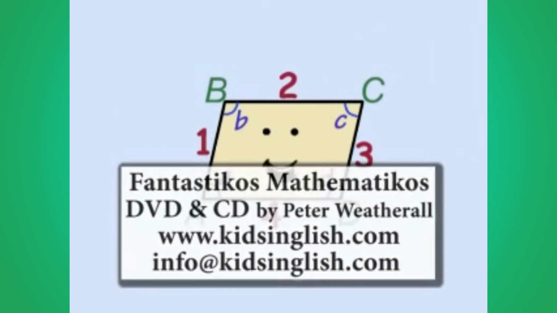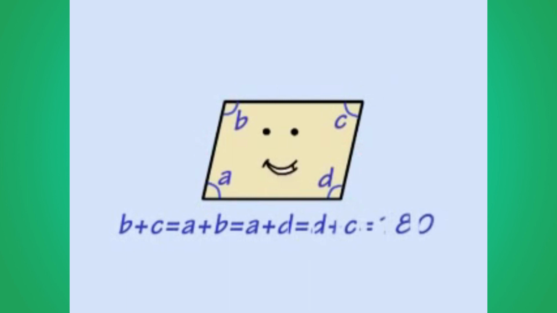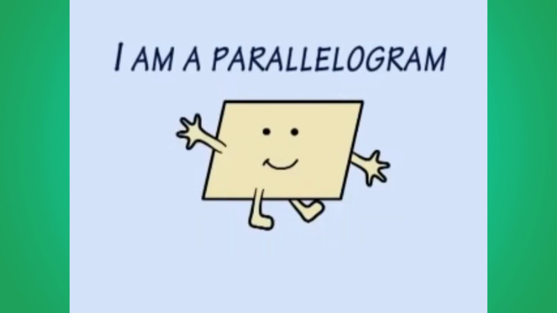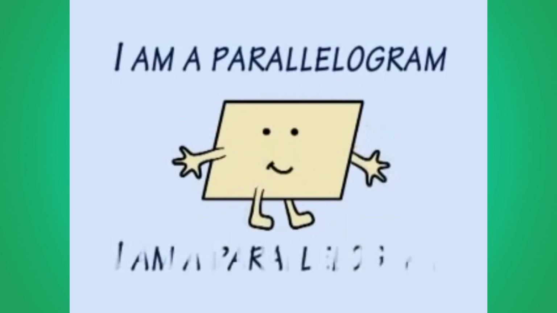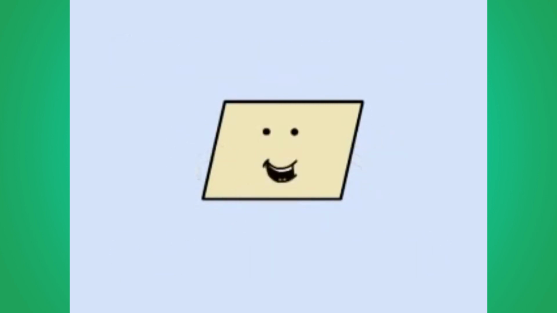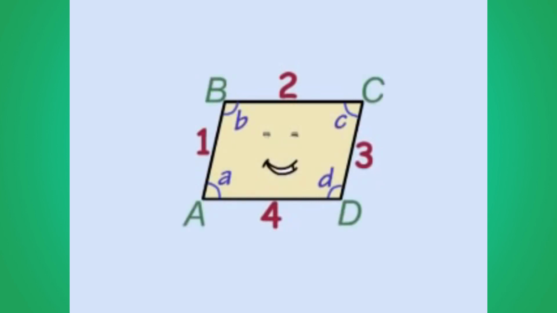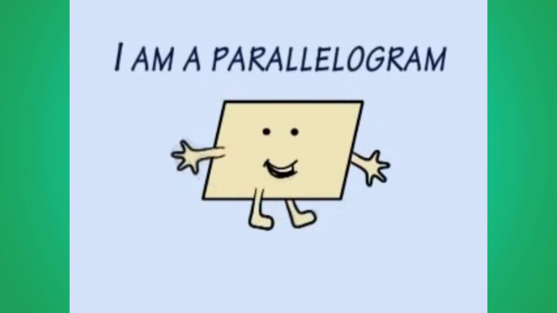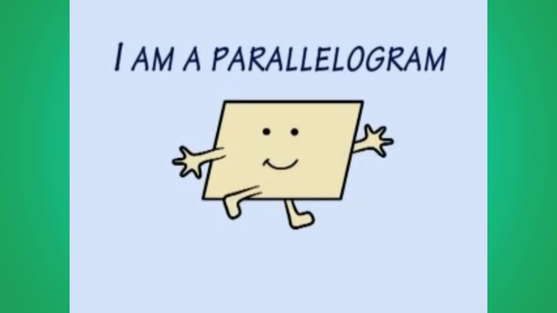Measure them and you'll see adjacent angles add up to be 180 degrees. I am a parallelogram. I am a parallelogram. My 4 sides are straight, but the angles at the corners they make aren't always 90 degrees. Measure them and you'll see I am a parallelogram.